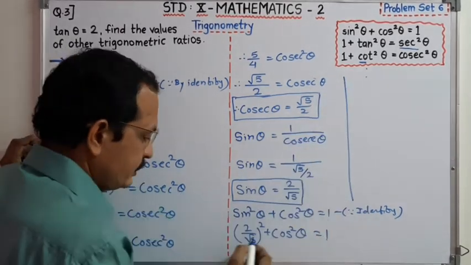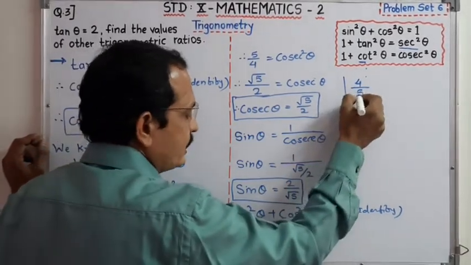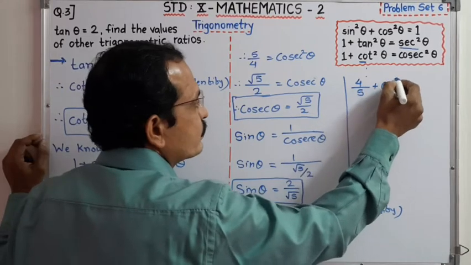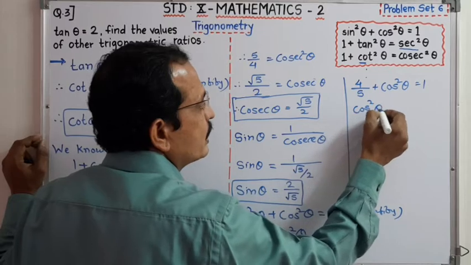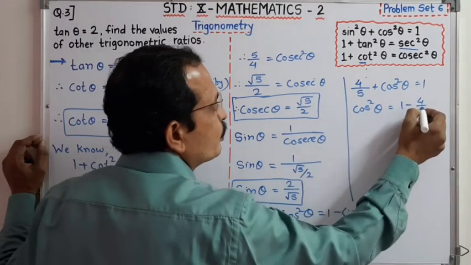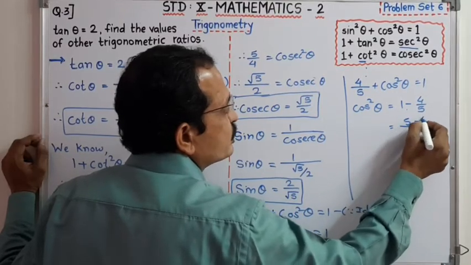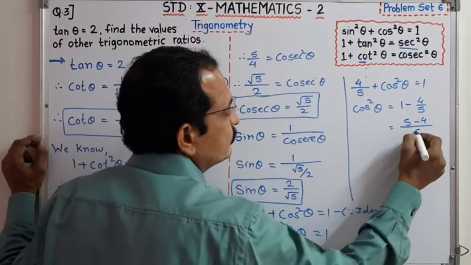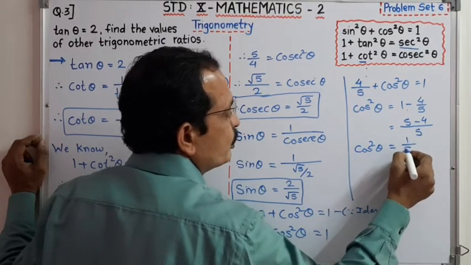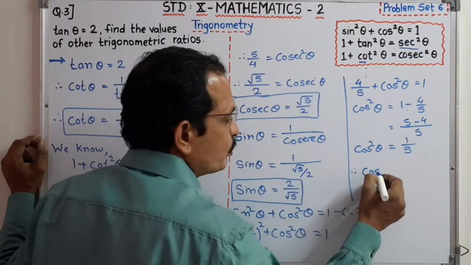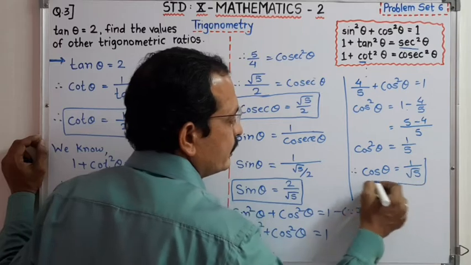Now see, square of 2 is 4 and square of root 5 is 5, plus cos square theta is equal to 1. Therefore cos square theta is equal to 1 minus 4 upon 5, that is 5 minus 4 upon 5. Therefore cos square theta is equal to 1 upon 5, and taking square root of both sides, cos theta is equal to 1 upon root 5.